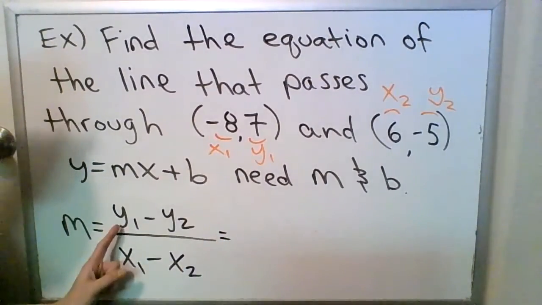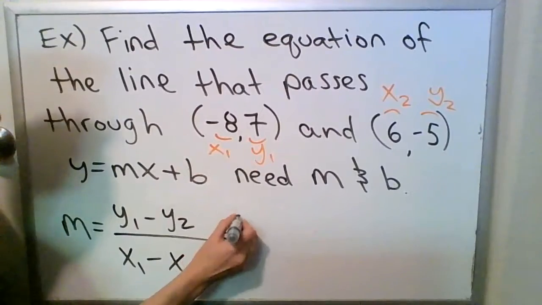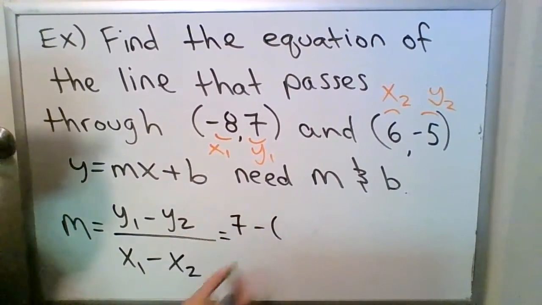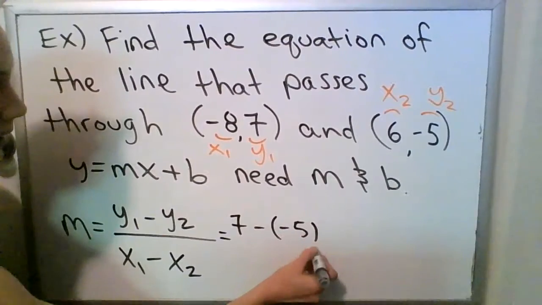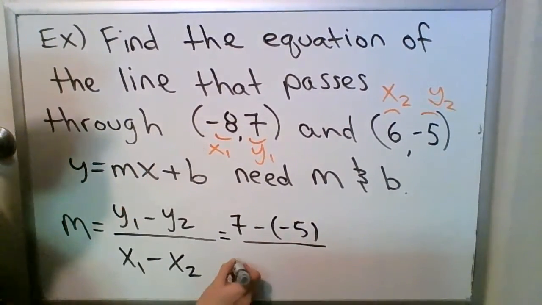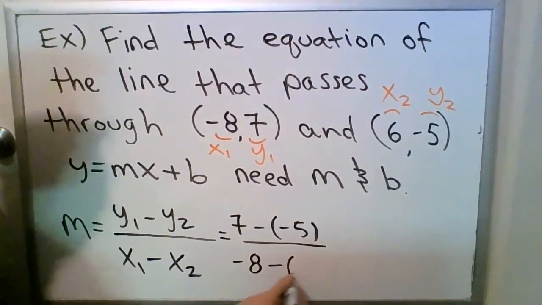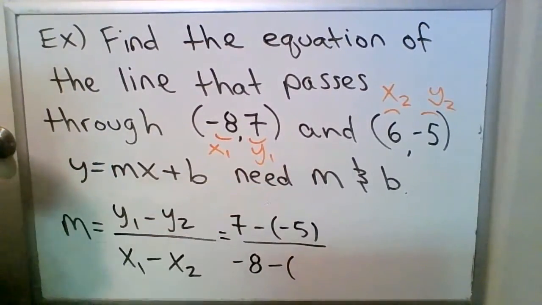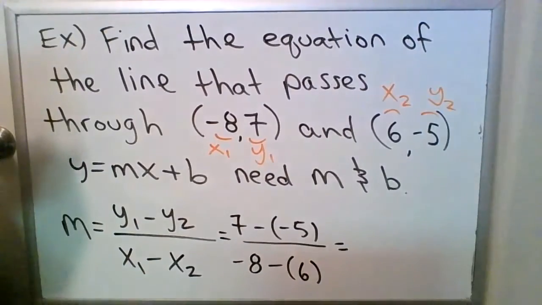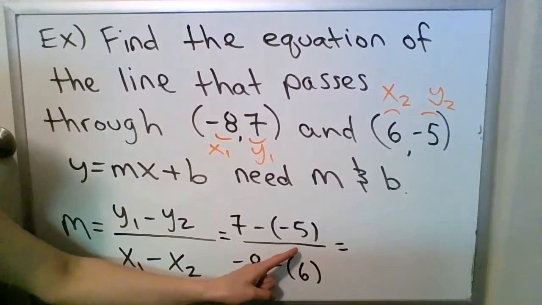Starting with y1, which is 7, subtract -5, divided by x1, which is -8, and you have to subtract whatever x2 is, which is 6. 7 plus 5 is 12.